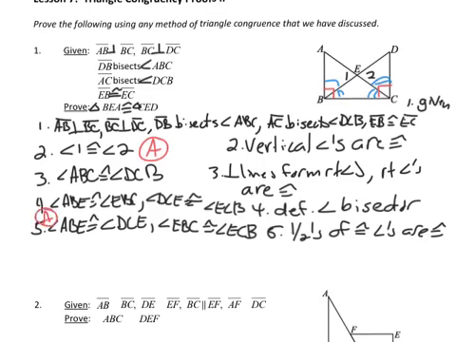Well, I can get a side because I have these 2 angles congruent. In a triangle, sides opposite congruent angles are congruent. And that's going to be my angle side angle.